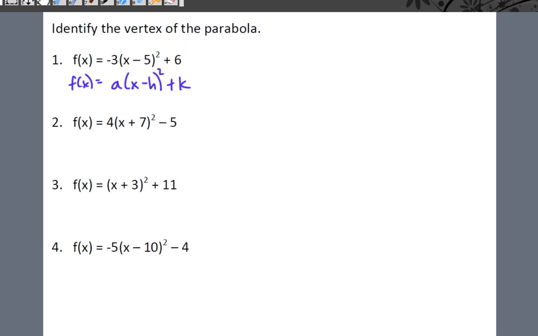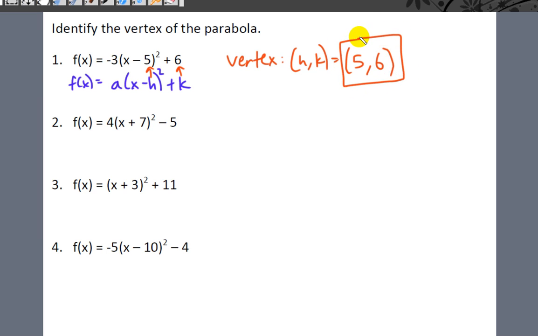So the vertex is just h comma k. Maybe I'll write this here so you can see that. The vertex is h comma k, and this would be 5 comma 6. That's how you identify your vertex.